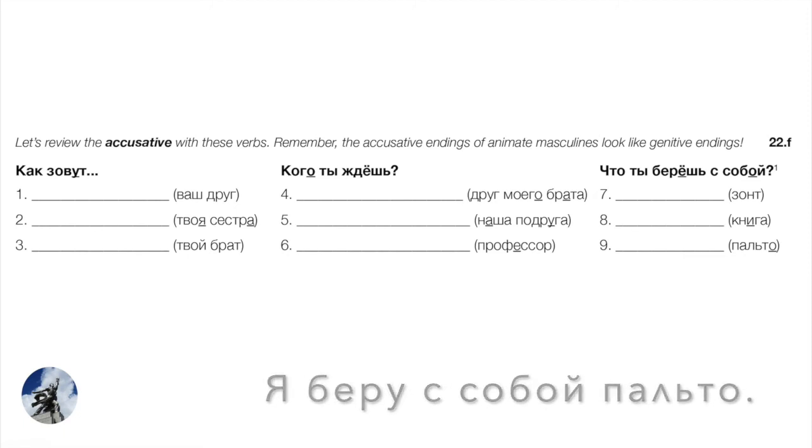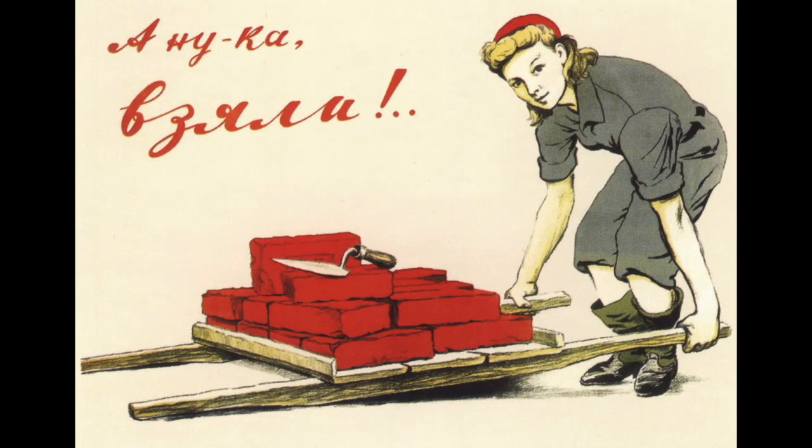Okay, a quick poster. This is a very famous one. А ну-ка взяли. Right? This ну-ка is kind of a funny phrase. It's often used with children, like come on, you can do it, you got it. Ну-ка. It's kind of an exhortative little phrase there. Взяли means something like, it's a past tense form used as an urgent command.